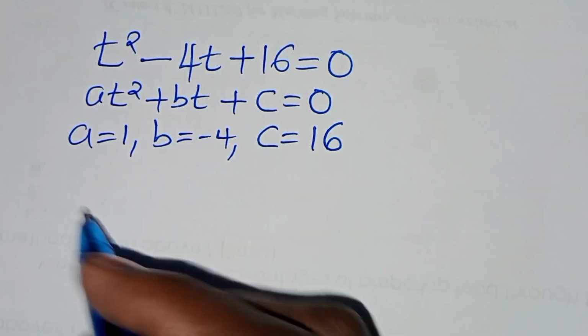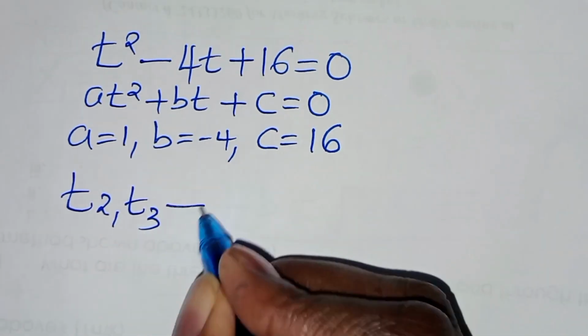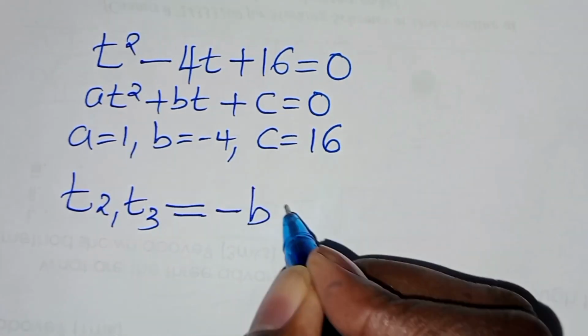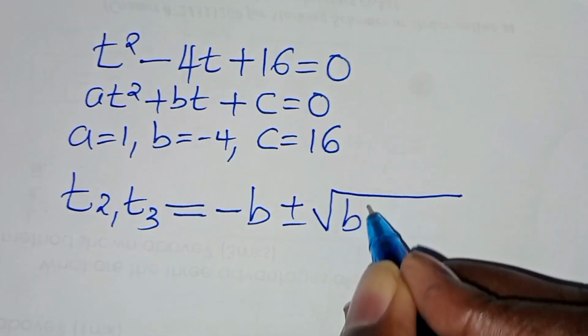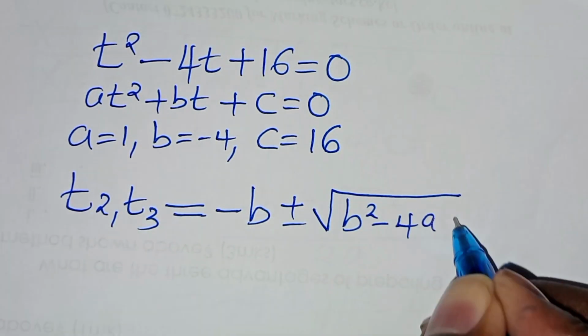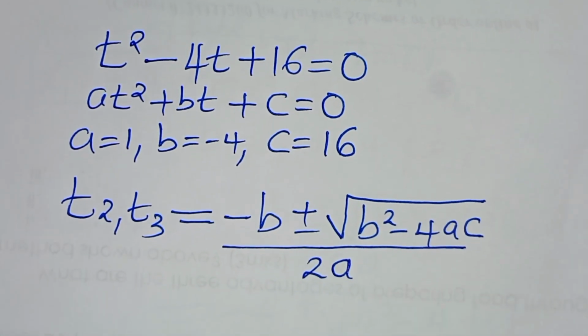Now we can solve for t2, t3 by applying the quadratic formula, which is minus b plus or minus the square root of b squared minus 4ac, over 2a.